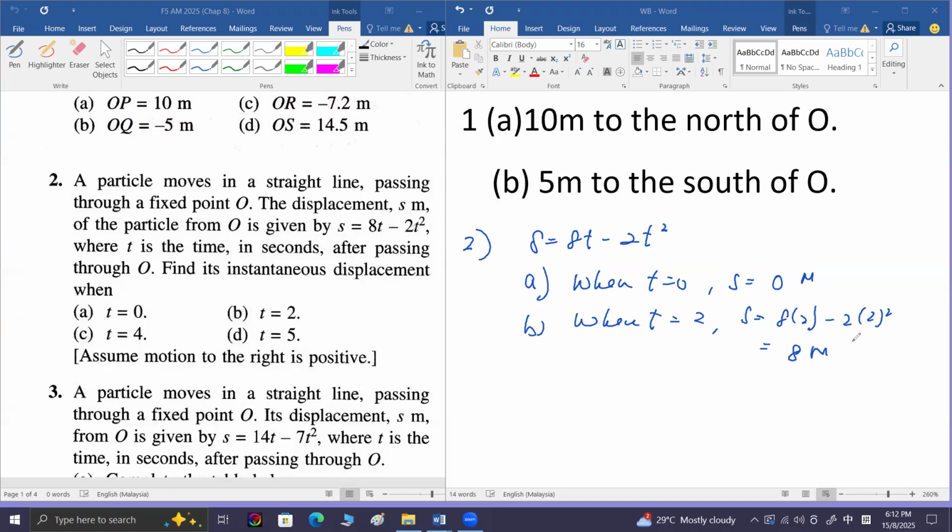Okay, just to do some revision with you for using the calculator. For you that are using EX, you key in your calculator for 8 alphabet x minus 2 alphabet x squared. And then you can go calculation, direct to your calculation, 0 equal. And then after that, calculation for 2 equal like this.